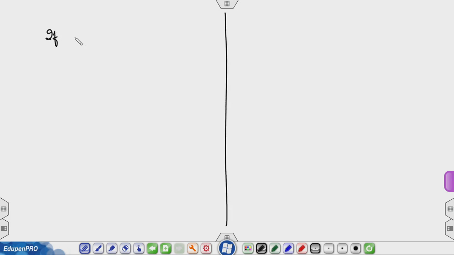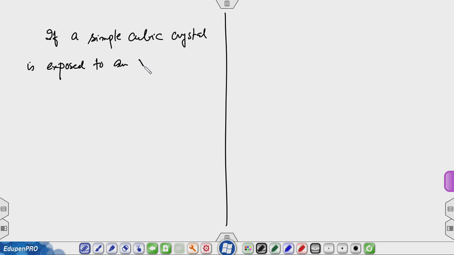If a simple cubic crystal is exposed to an X-ray beam in all possible orientations, right? Either you can rotate it or have many crystals sitting there.